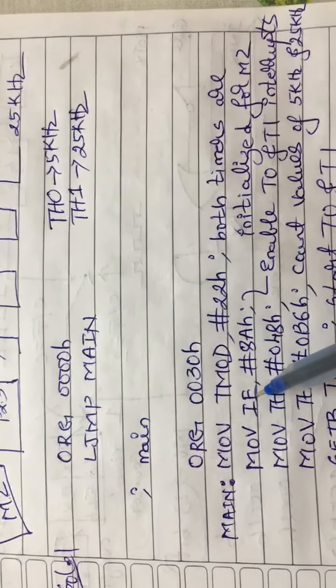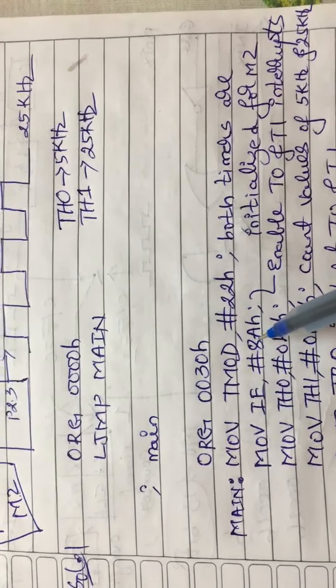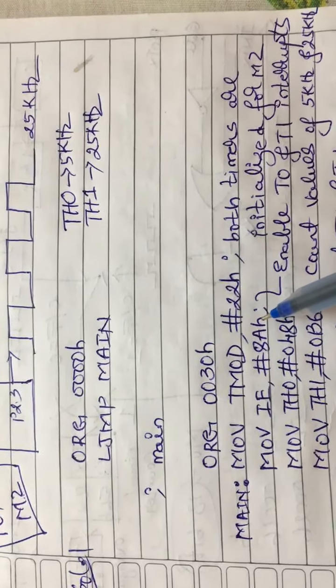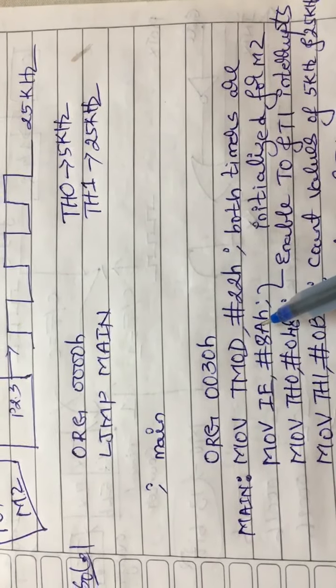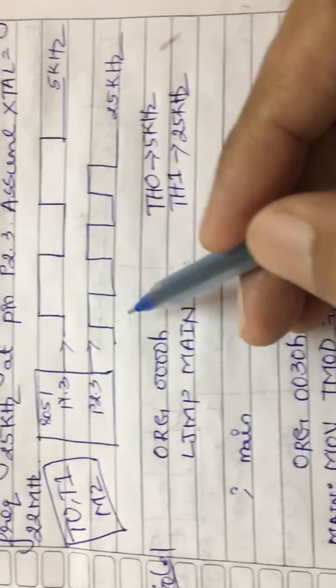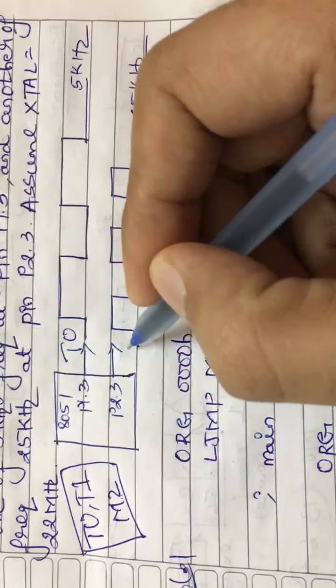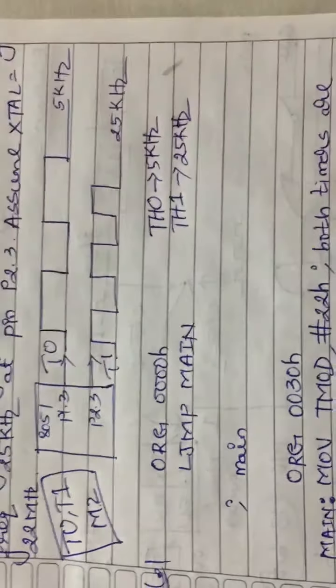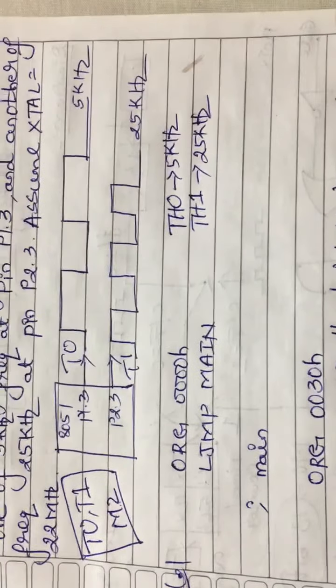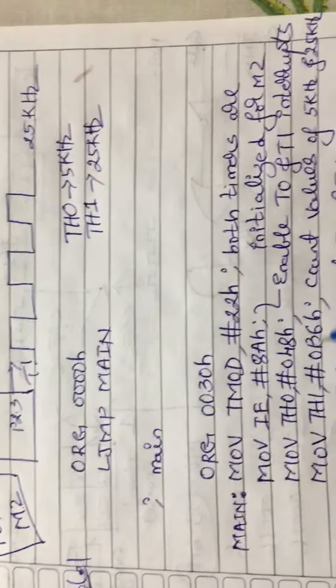Next, IE equals #8Ah. See here, be careful, we have a timer 0 as well as timer 1 interrupt. Both interrupts are generated here.